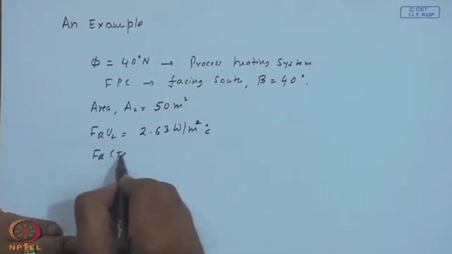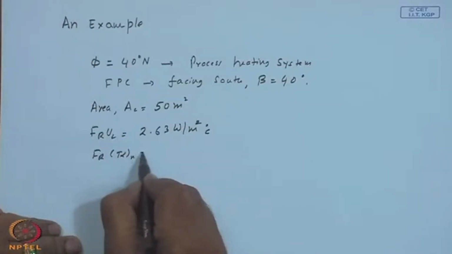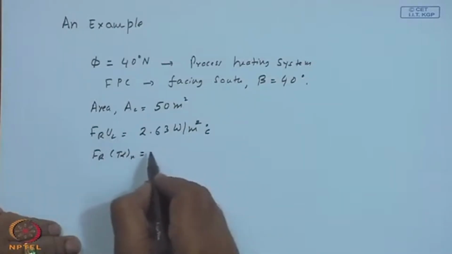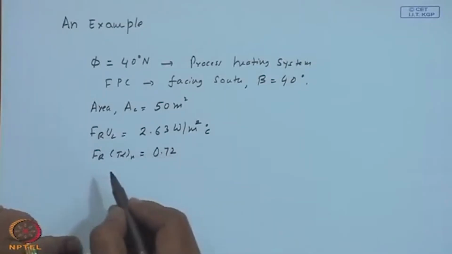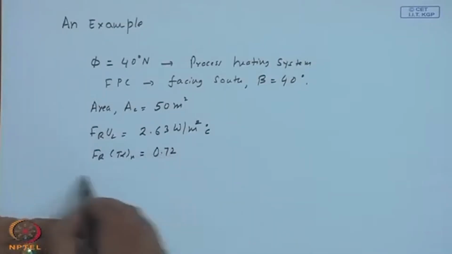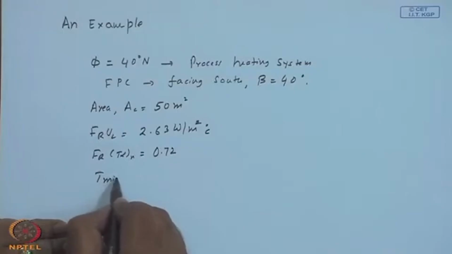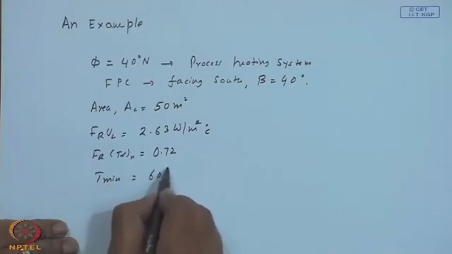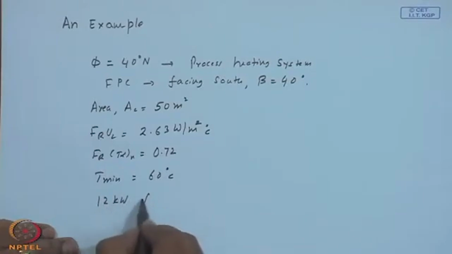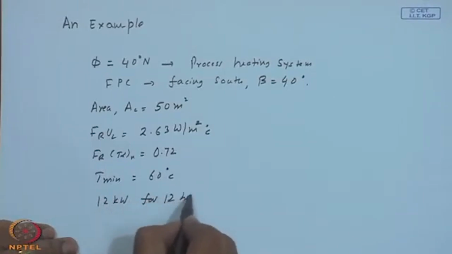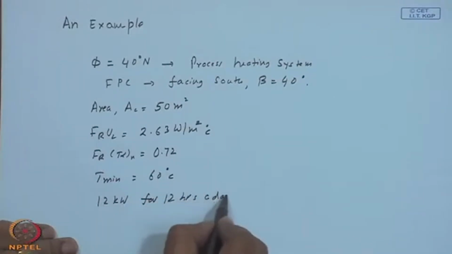In fact, these values we have used in other publications also. This is T minimum, which is 60 degrees C, with a load of 12 kilowatts for 12 hours a day. Okay.